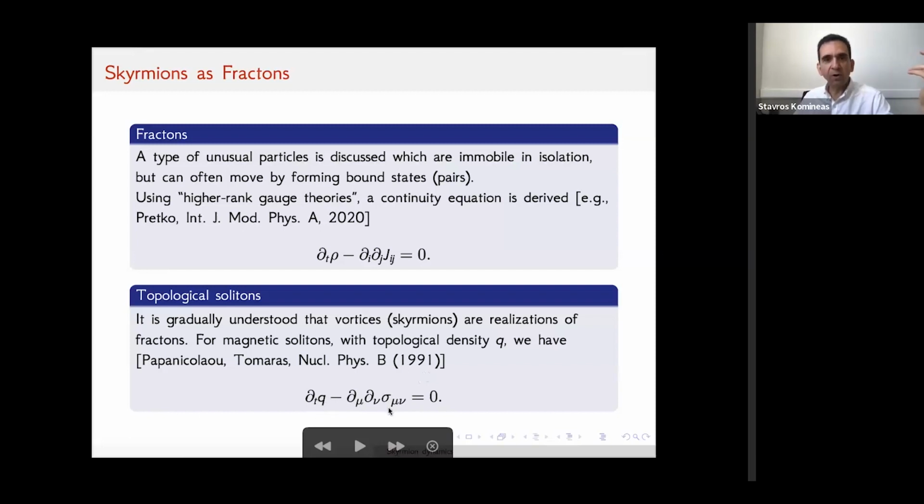Again, I do not have to tell you that this is exactly the same as that if you change the symbols. So it is gradually understood in the community, at least to my understanding, that skyrmions or vortices are realizations of what they now call fractons. And that is probably an opportunity to open the field broader.